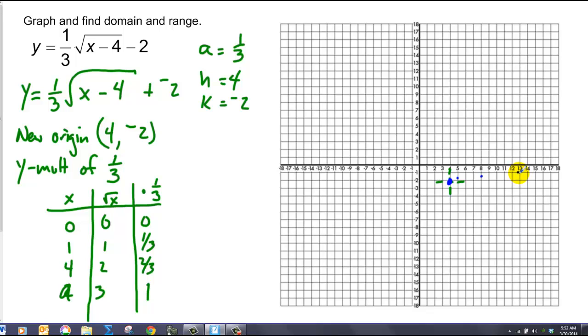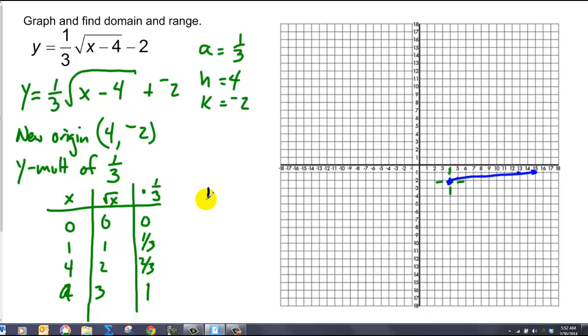So you'll see in this case that while it's very hard to see this square root function, it still is a square root function, but it's moving up much more slowly because my y values have been pushed from their normal value to a multiple of 1 third of their normal value.